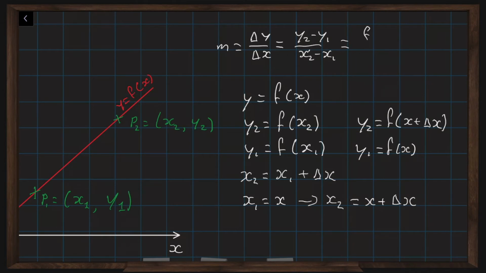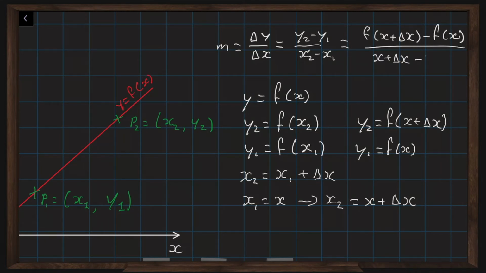So we get f of x plus the change in x minus f of x, divided by x plus delta x minus x, and that cancels out. So now we have a nice equation. Great, but this still assumes a straight line. What if we are dealing with another equation which is not a straight line?